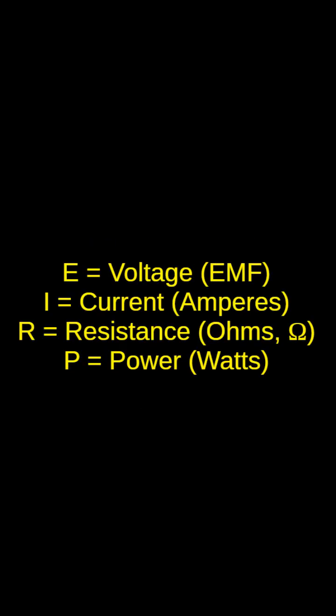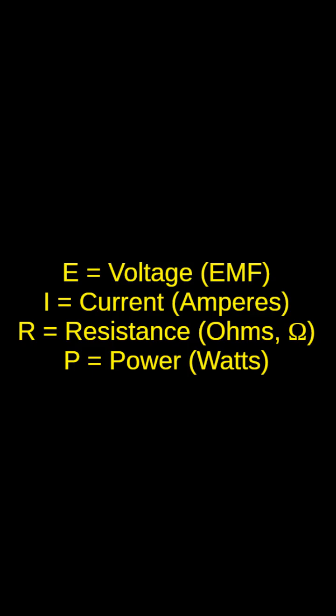Before we delve into the circuits, let me show you a short list of what some important symbols represent. E is voltage, I is current, R is resistance, P is power, ET is voltage total, ER1 is voltage across resistor 1, and can be more than one resistor and will be labeled in sequence ER1, ER2, ER3, etc. IT is current total, IR1 is the current across R1.